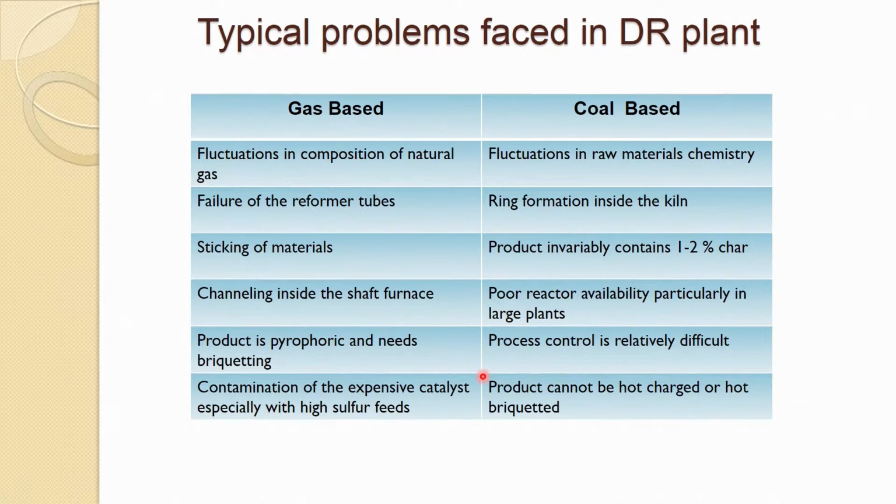This is one of the reasons till now these processes, though they use coal or gas, are far away from taking over the blast furnace. In the last half a century or more, hardly even less than 5% is the contribution to the total hot metal production.